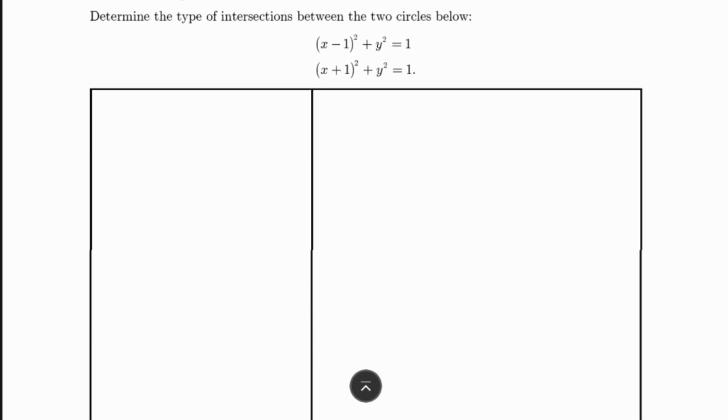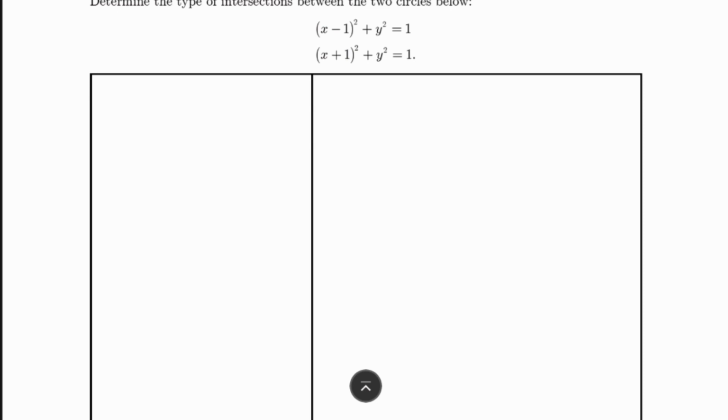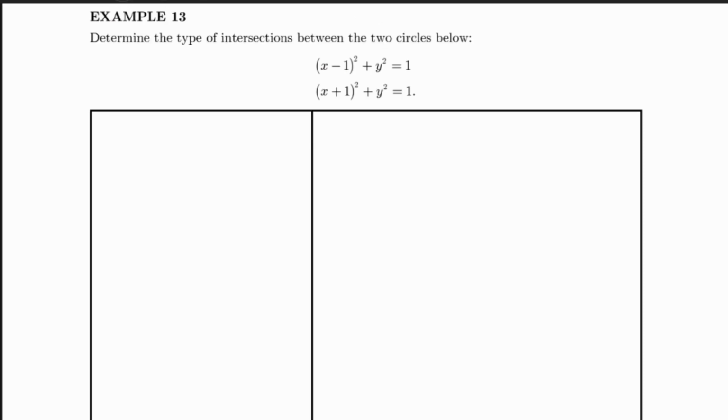Now let's look at example 13. We are going to determine the type of intersection between the two circles below. First of all, we have to solve the simultaneous equations. Let me calculate the first circle equation. We have (x minus 1) squared plus y squared equals 1.